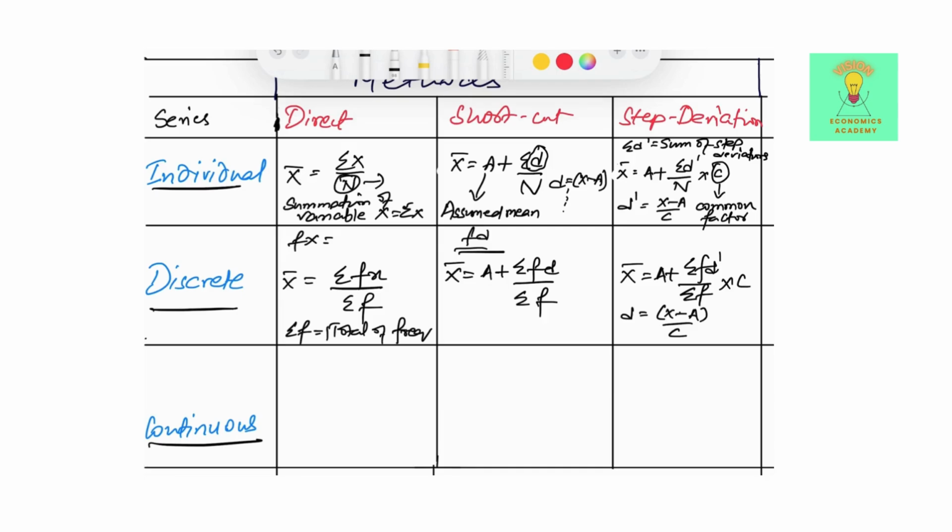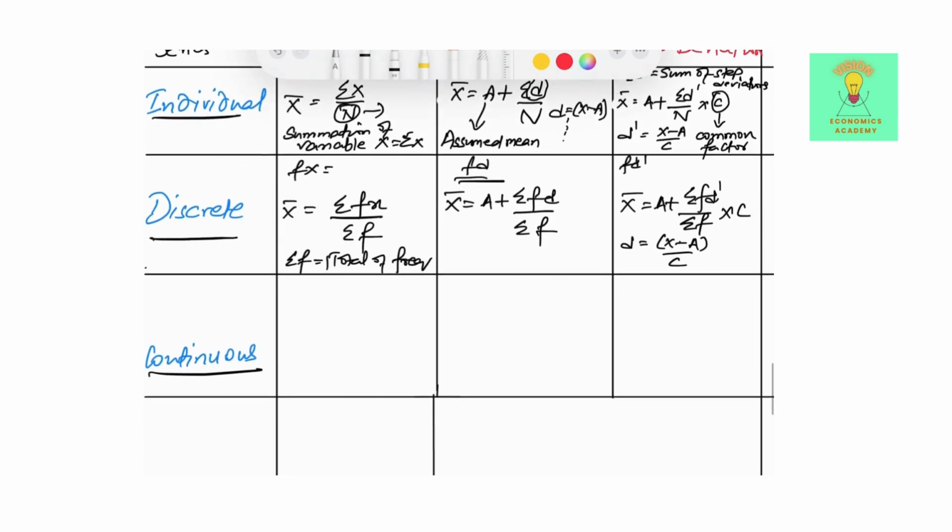So f d dash is the product of step deviation and respective frequency, and the sum of it is summation f d dash, right? And c is the common factor, as we all know.